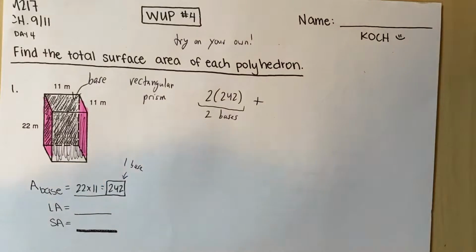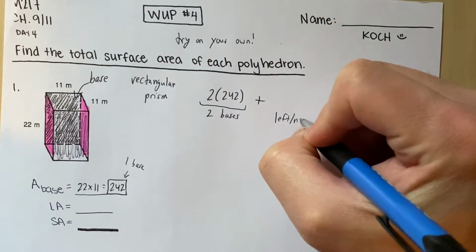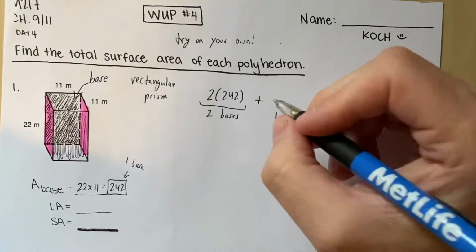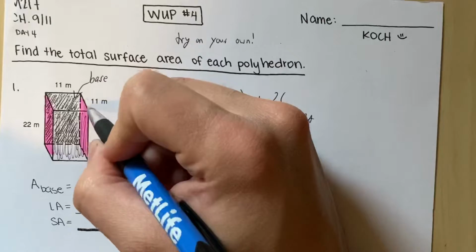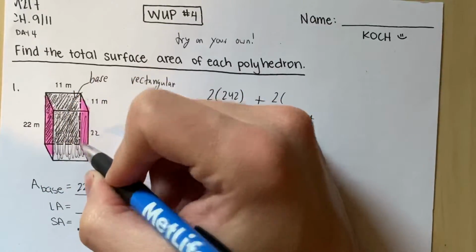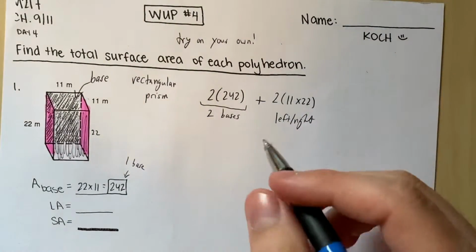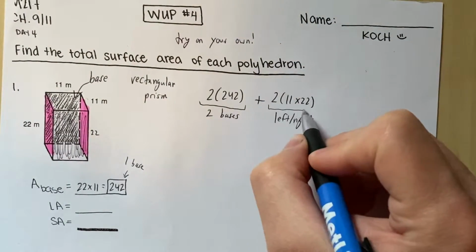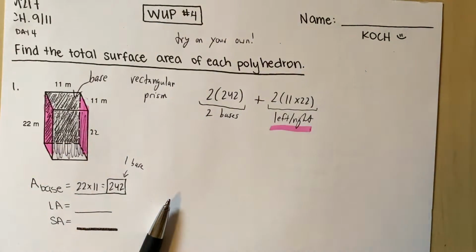If I want to do the left and the right, there's two of them, and these are 11 by 22. So 11 times 22 will give me the left and the right side, which I could just mark in pink.